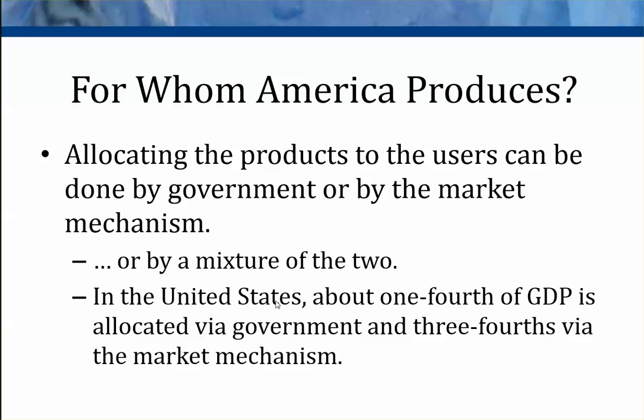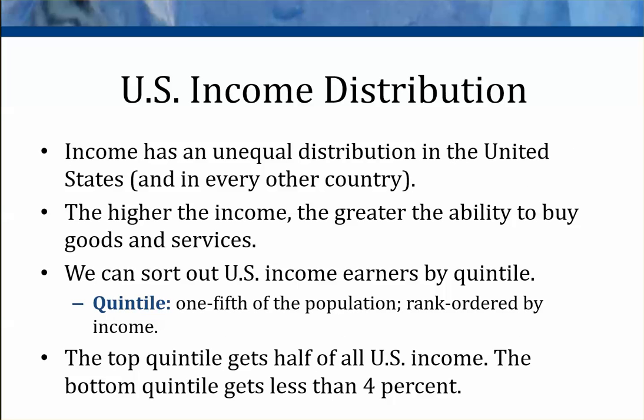So in the United States, about 1/4 of the GDP is allocated via government and 3/4 via the market mechanism. The government allocates by collecting taxes and giving subsidies; those two are used by the government to allocate the GDP. But that part is only 1/4 of the GDP, while 3/4 is still allocated by the market mechanism. So this tells you that the American economy is a mix of the two.